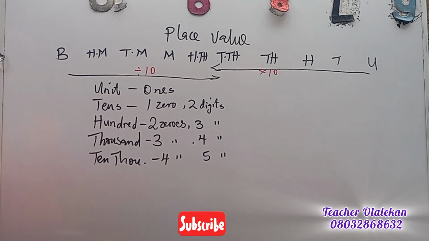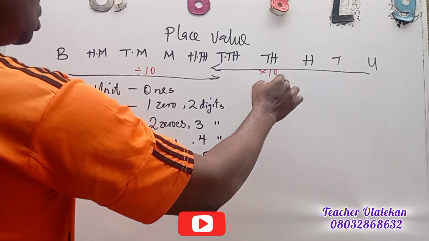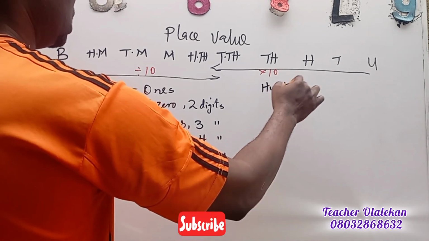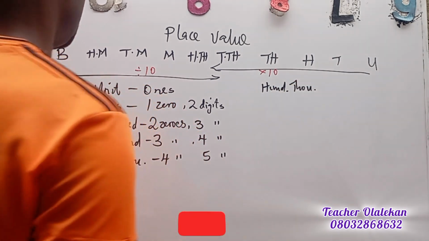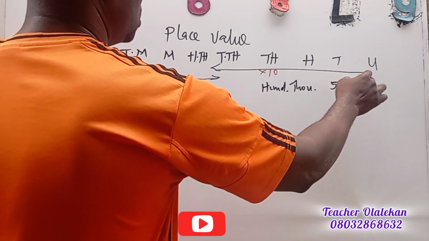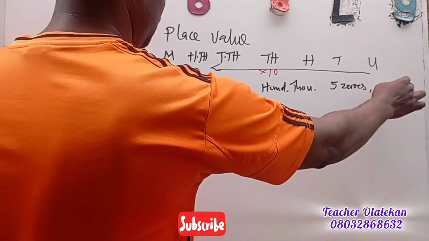So the 100,000, let's continue on this page. Let's abbreviate it. It's expected to have 5 zeros, and of course 6 digits.